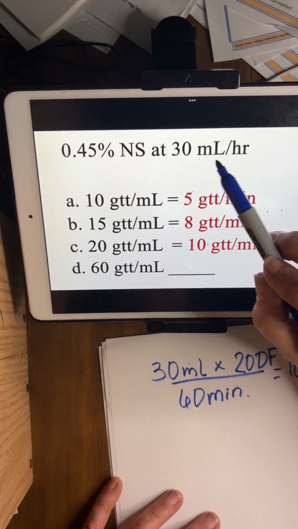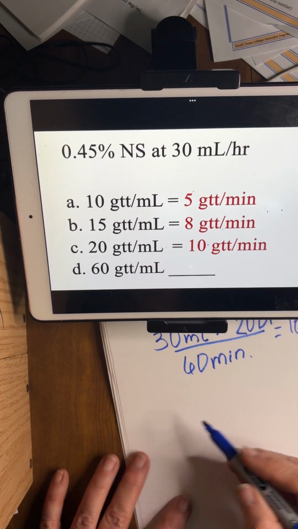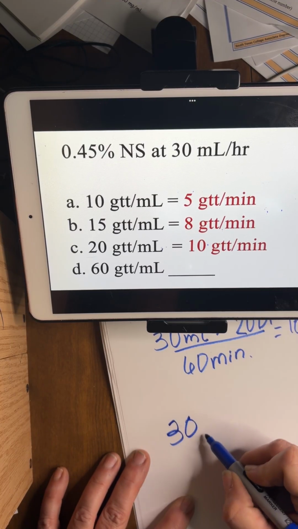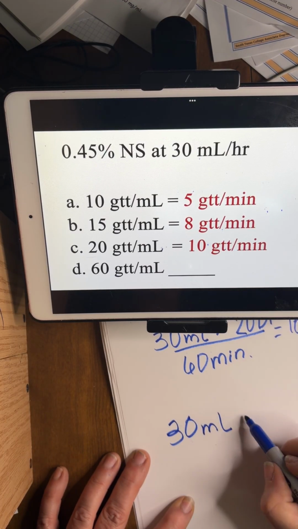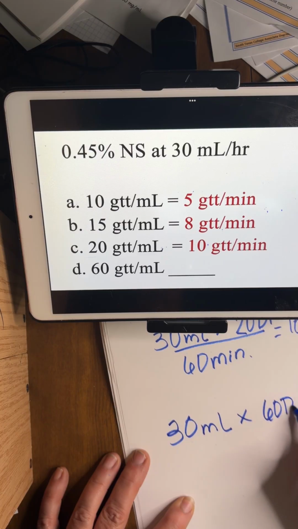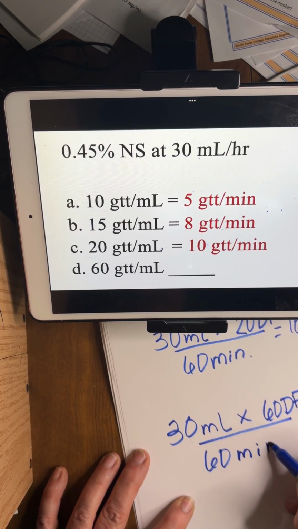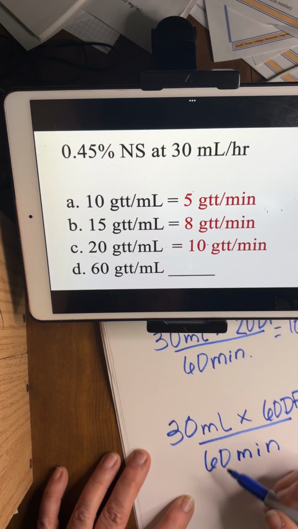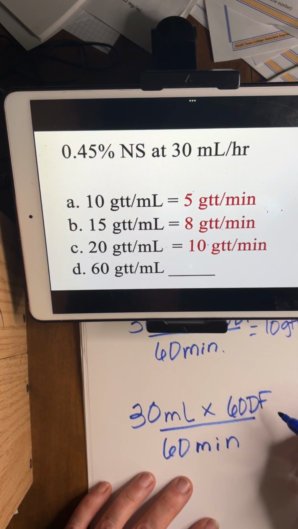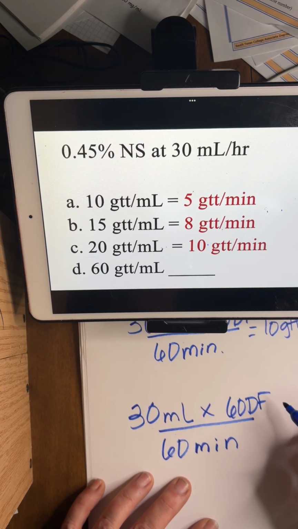All right. So let's do the last one. If you got total volume of 30 milliliters, and you got a 60 drop factor over 60 minutes. Now, I know some of y'all are going to say those cross out. You just do it that way if you like.